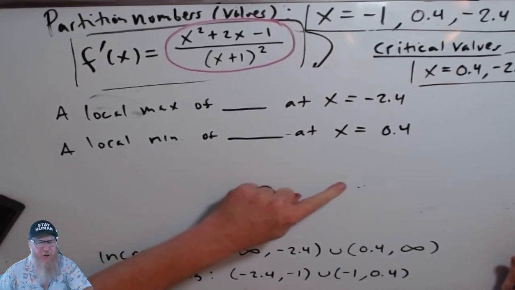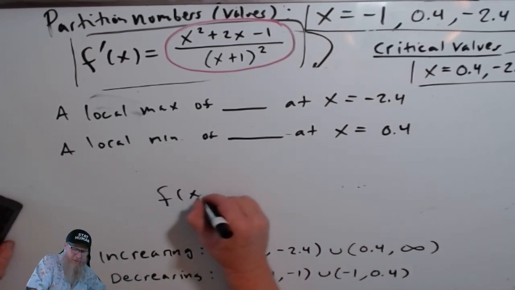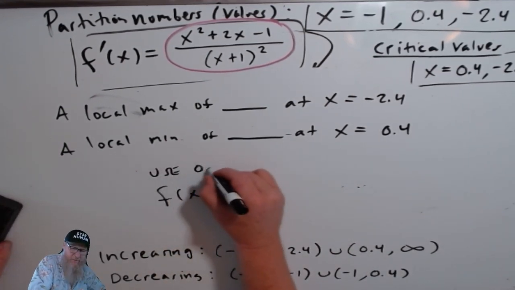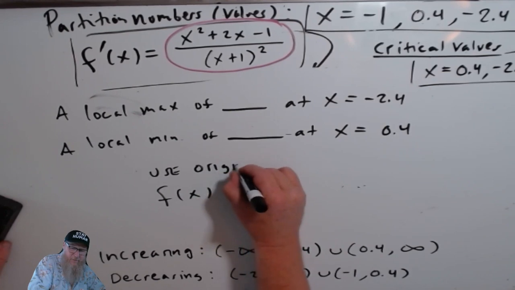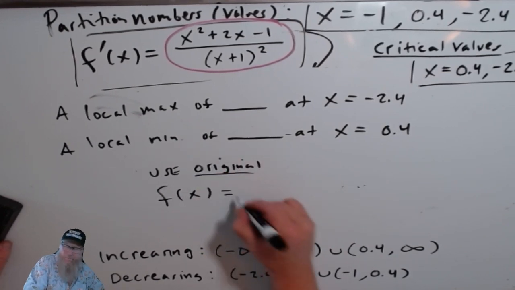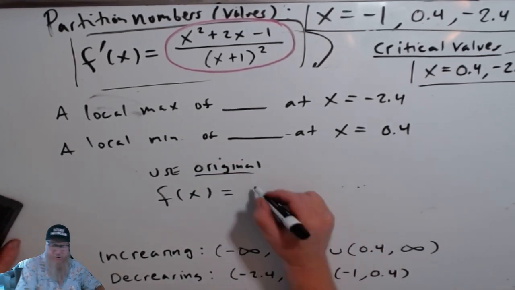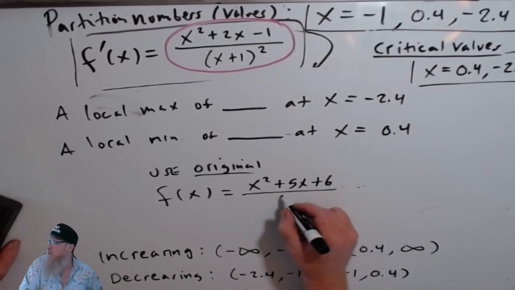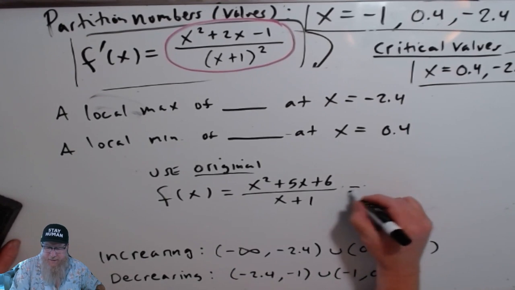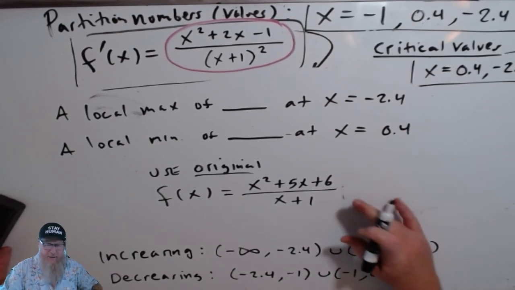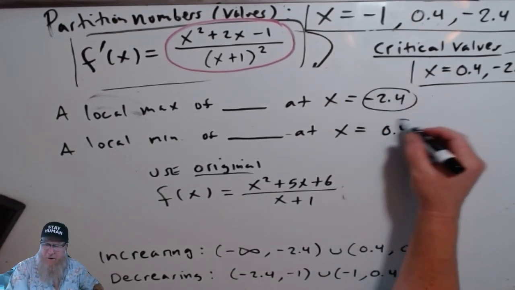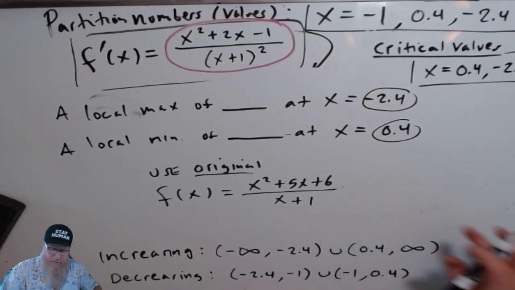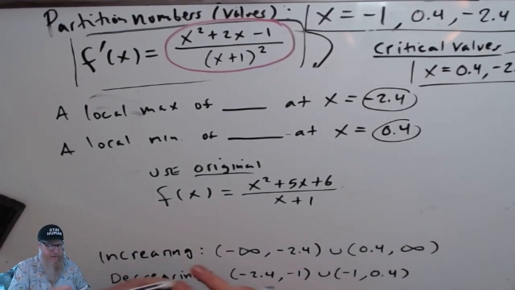And now you have to go back to the original function. The original function was x squared plus 5x plus 6 over x plus 1. So we're going to do 2.4 and 4. Just do it on your calculator.